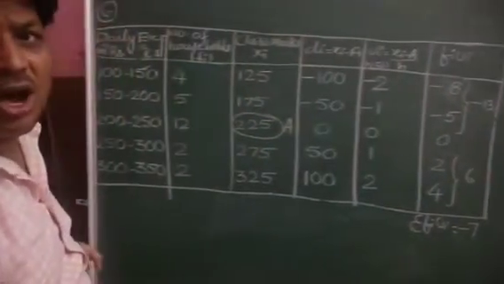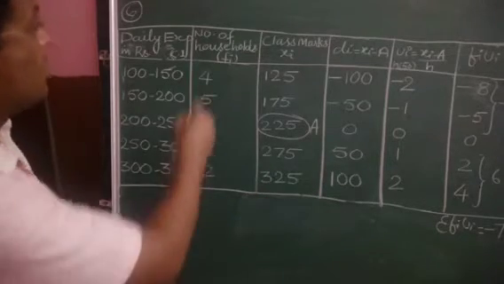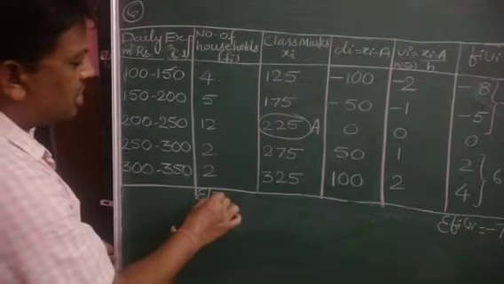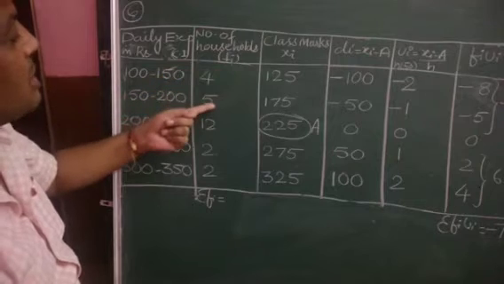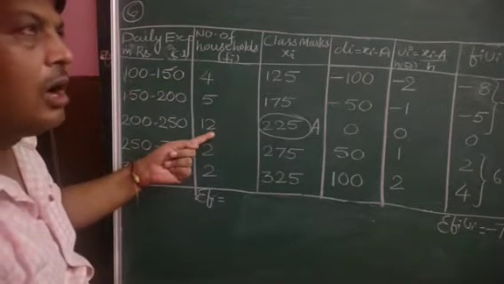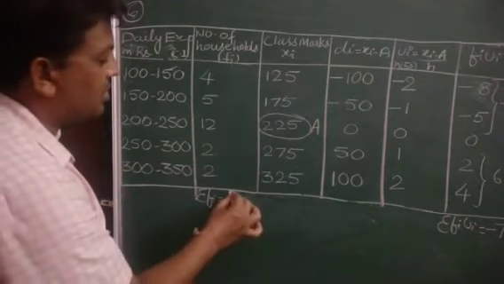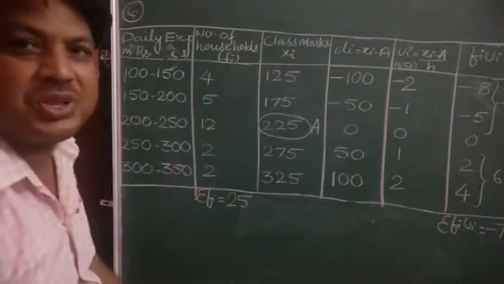Okay children, after this we got sigma fi ui as minus 7. Next, it is already given in the question that there are 25 families. Even so, I am checking: 4 plus 5 is 9, 9 plus 12 is 21, 21 plus 2 is 23, 23 plus 2 is 25. Everything is ready for calculation, children.